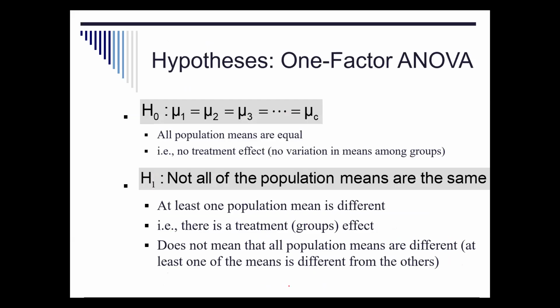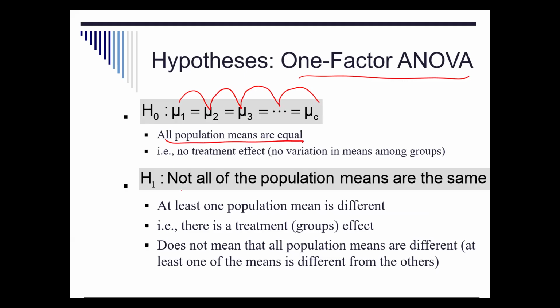Now this hypothesis test for one-factor ANOVA: H0 is all population means are equal, meaning mu1 equals mu2 equals mu3 all the way to mu-c. That's the null hypothesis.